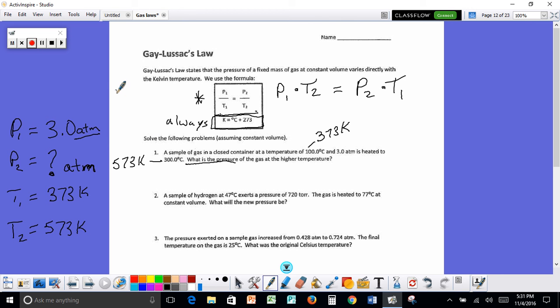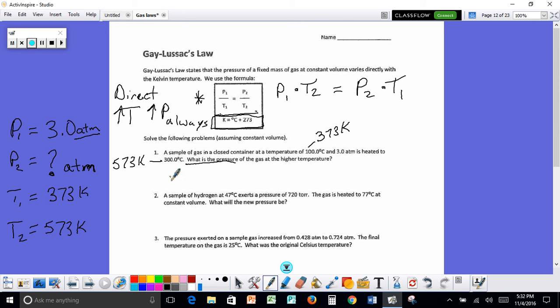The other thing to pay attention to, this is a direct relationship. So we are looking at our temperatures. We see an increase in temperature. So what should we expect to happen to our pressure? We should also see an increase in pressure.